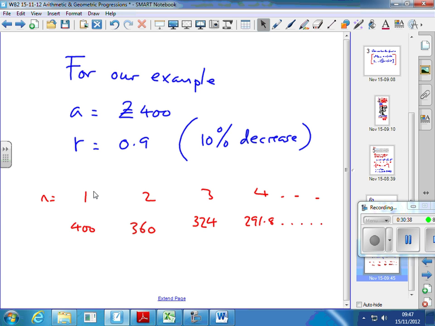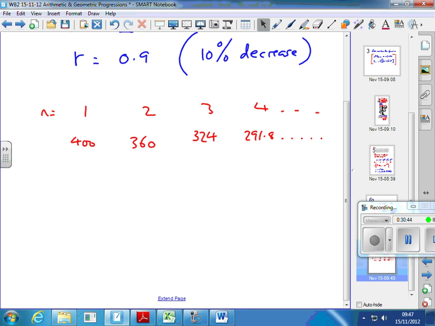What will be the value of this item after 20 years? There is a formula, luckily, that we're going to come to. What will they be getting from this thing if it's decreasing by 10% after 20 years?